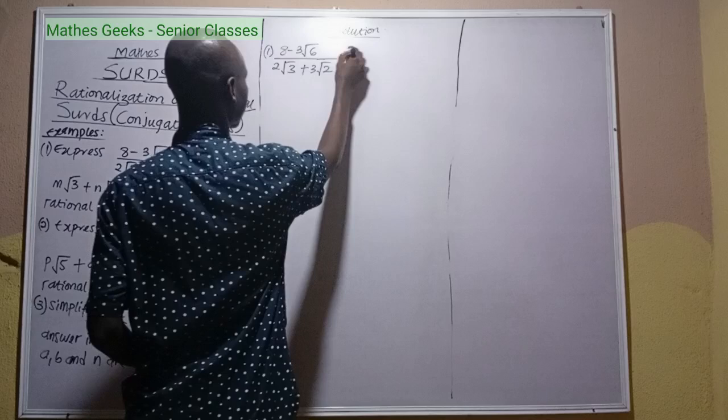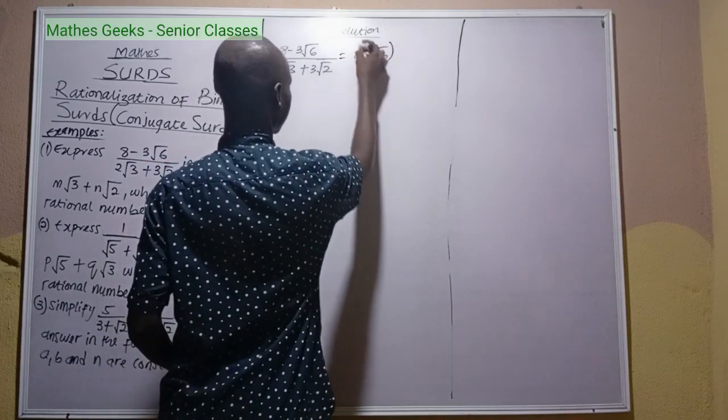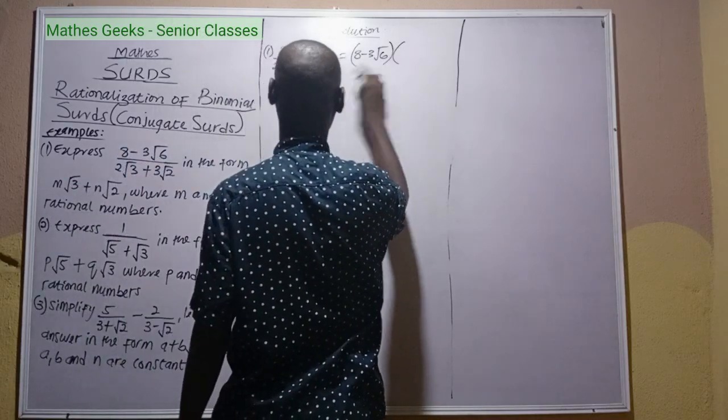So let's simplify this expression. So this will give us 8 minus 3 root 6 times the conjugate of this binomial surd.